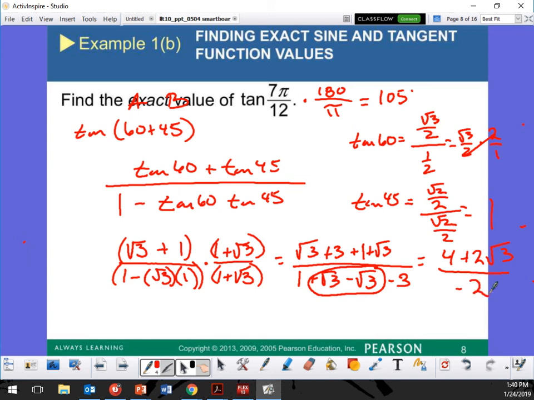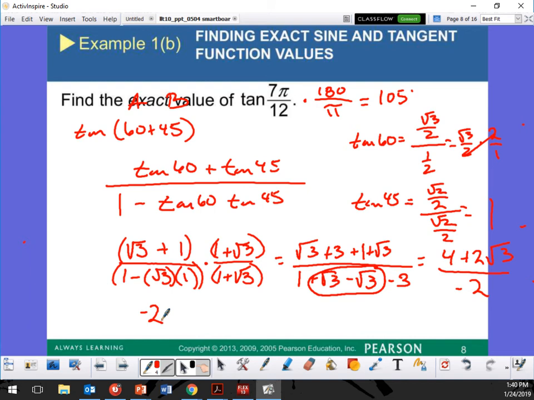So we could actually separate this. We could have 2 answers on this, not 2 whole, but 2 numbers separately. So right here, I'm sorry, it's going to be 4 over negative 2, which would give me what? Negative 2, right?